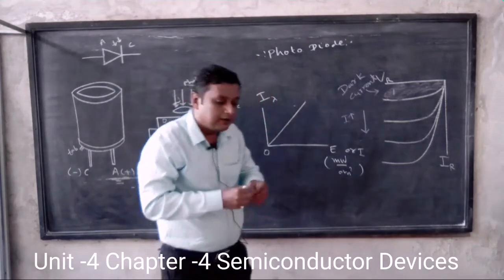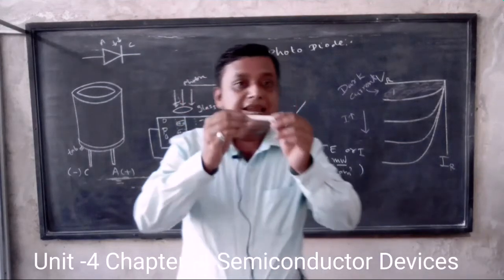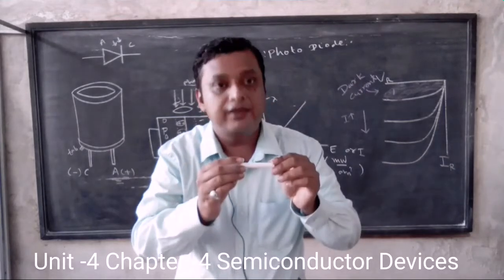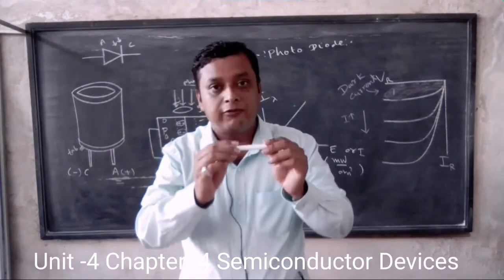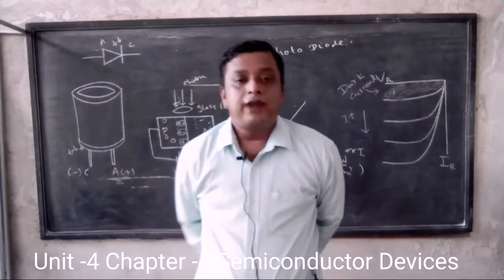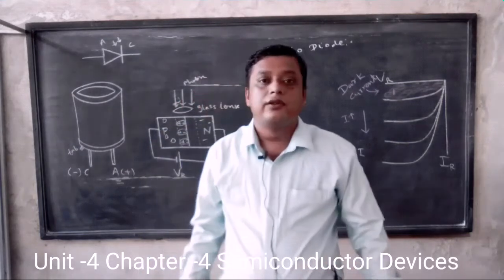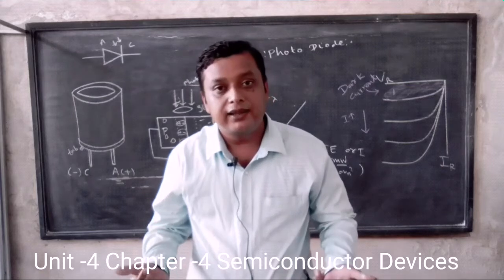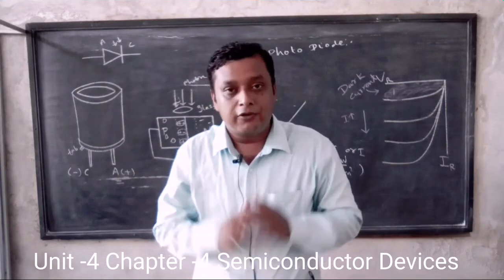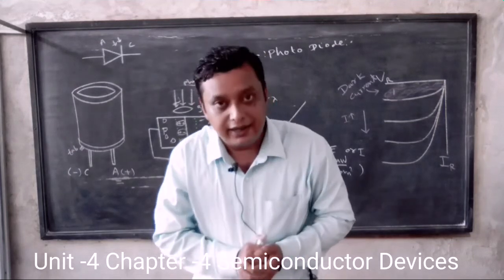If I have this photodiode, the input of the photodiode will be light energy, and the output taken from the photodiode will be electrical energy. So ultimately, a photodiode is one type of transducer, used to convert light energy into electrical energy.